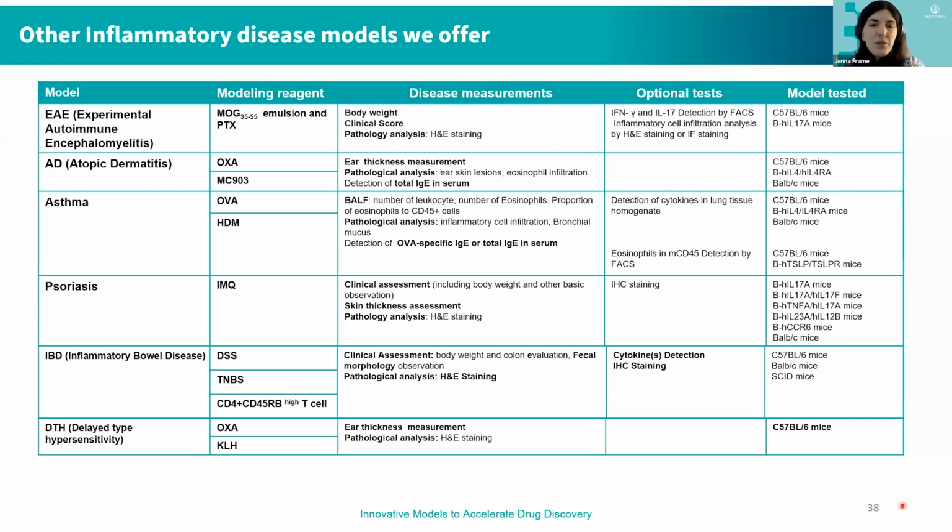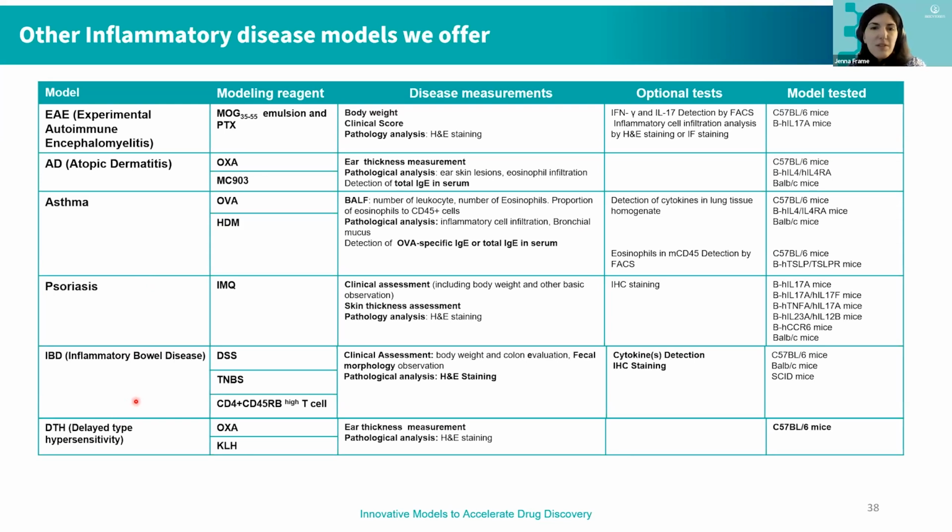So in addition to the several models that I described today, we offer many other disease models, including EAE, which involves induction with MOG emulsion and PTX, atopic dermatitis, psoriasis, and DTH models of skin inflammation, asthma induction, which involves intranasal administration of modeling reagents, as I introduced today, to induce lung inflammation, and models of inflammatory bowel disease and Crohn's disease, which involve different chemical and cellular induction strategies.